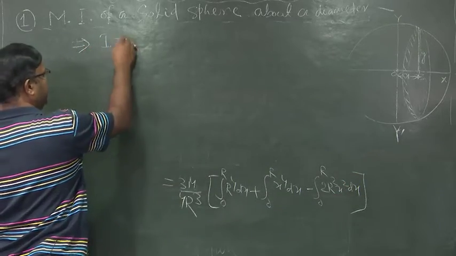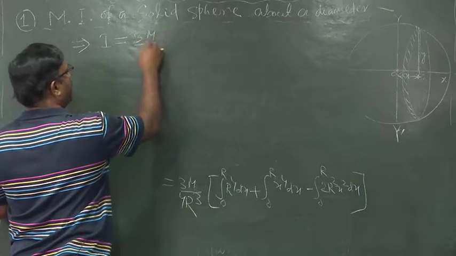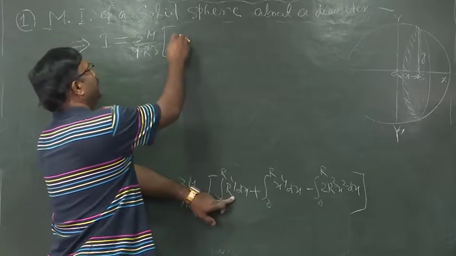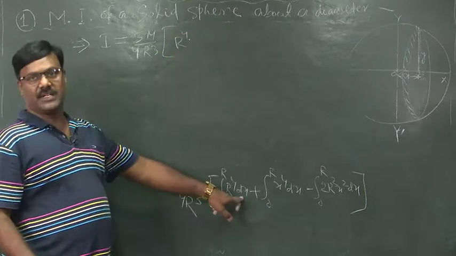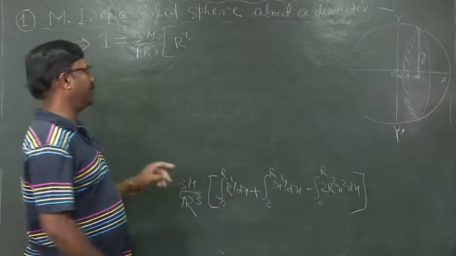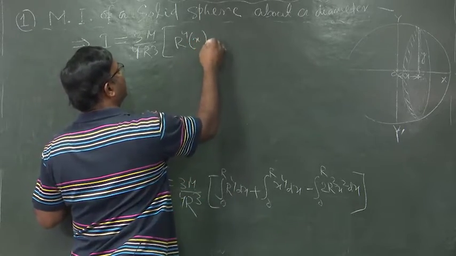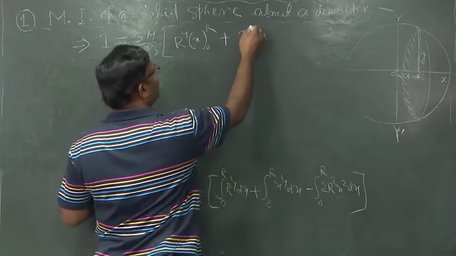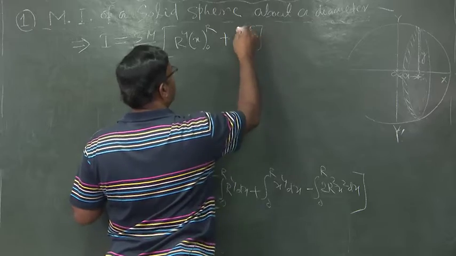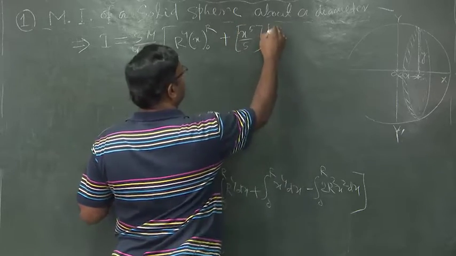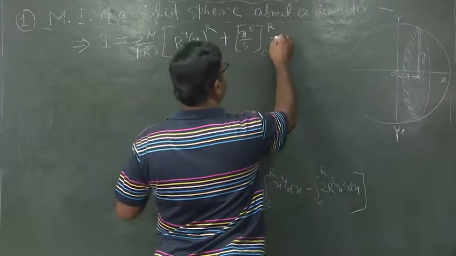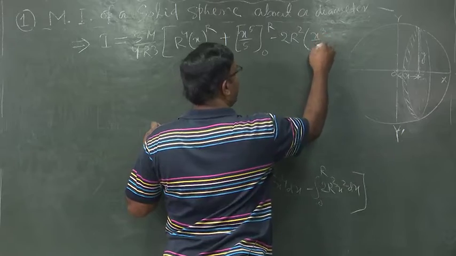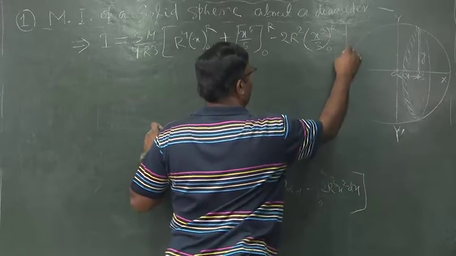Implies I is equal to 3m by 4r cube into r4 into the integration of dx, which is x in the limit of 0 to r, plus x to the power 5 by 5 in the limit 0 to r, minus 2r square into x cube by 3 from 0 to r.